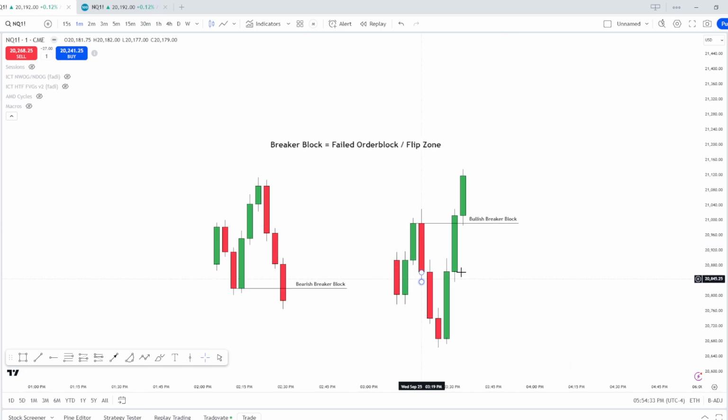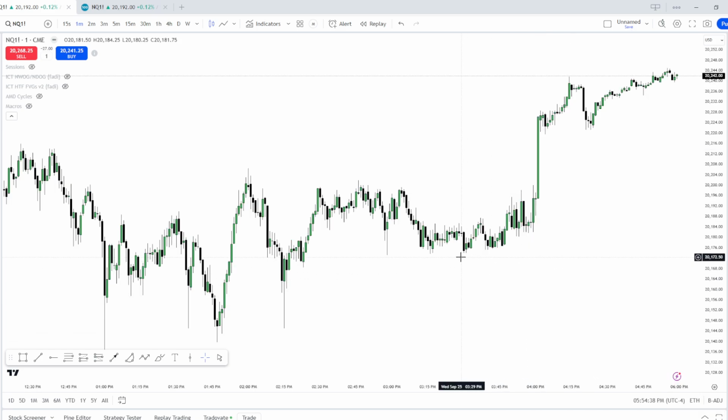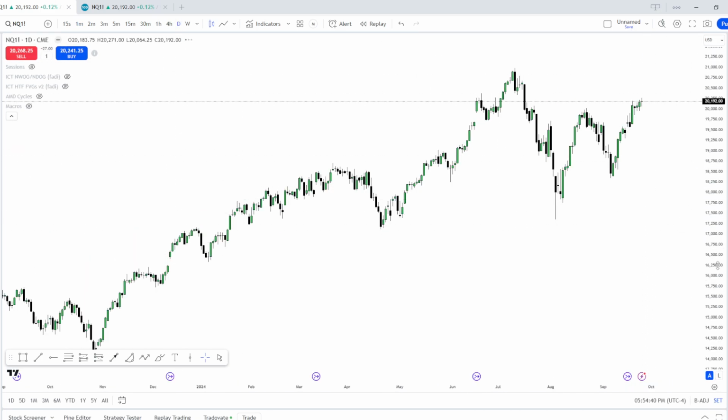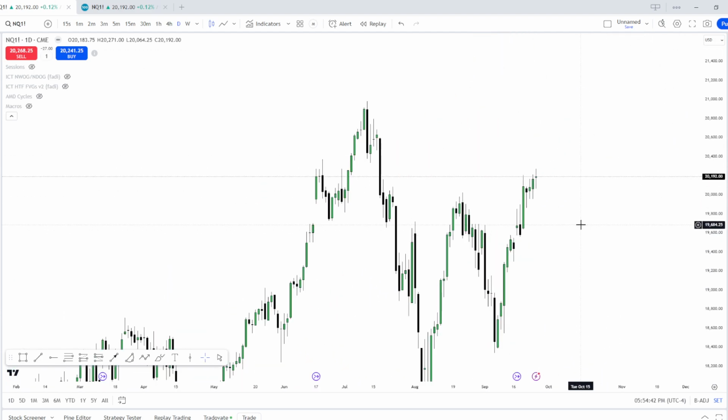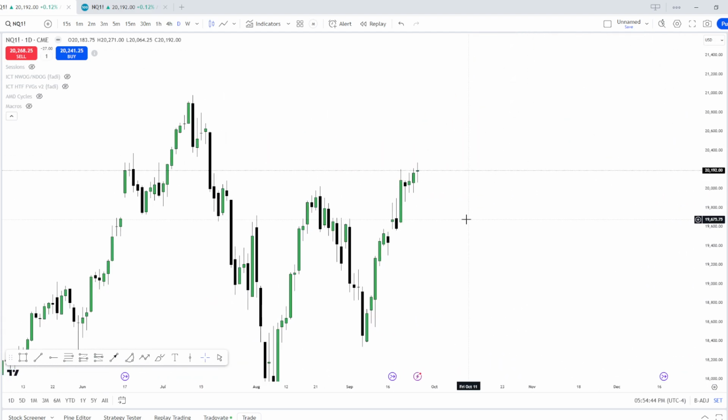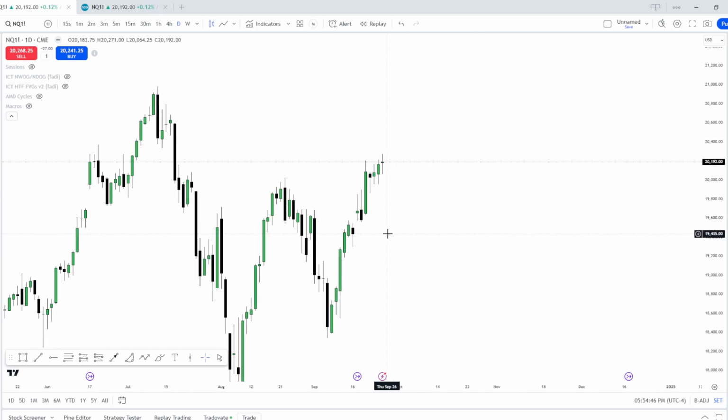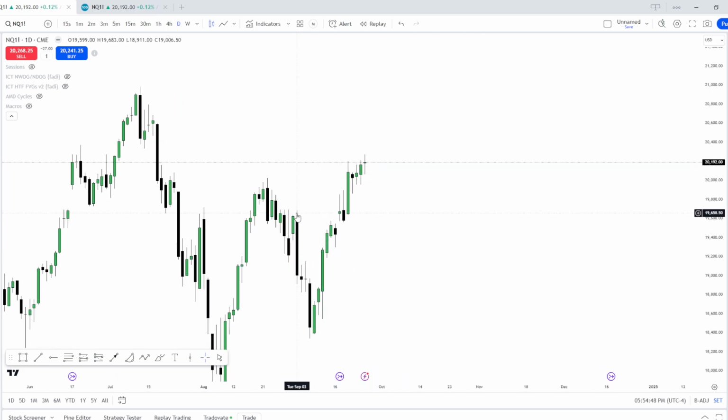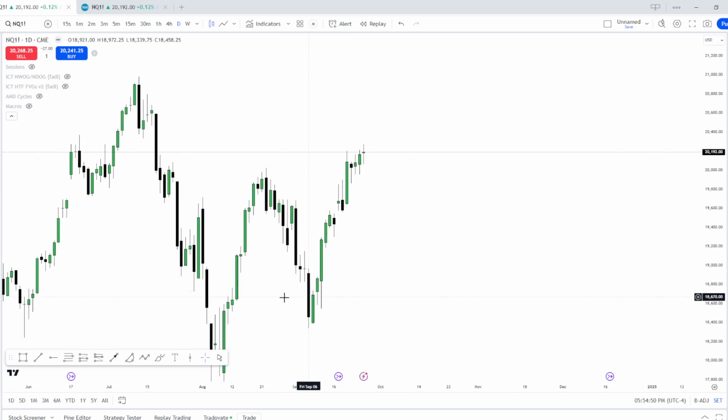Now that I've shown you these couple examples, I could probably show you a normal chart example here. Right here, we had this one candle up before we had this move down, right? So this is a bearish order block.